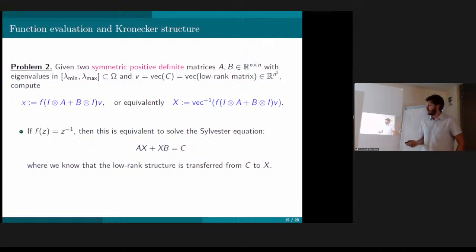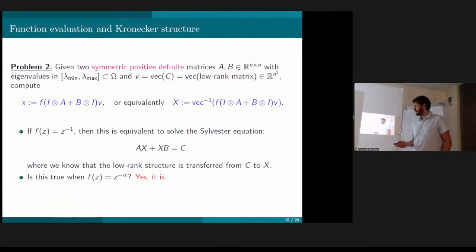So the solution of this matrix equation is numerically low rank. So a natural question is: is this true when we replace z to the -1 with z to the -alpha? And the answer is yes. And we can provide a rigorous argument for this using the error analysis for the rational Krylov subspace.